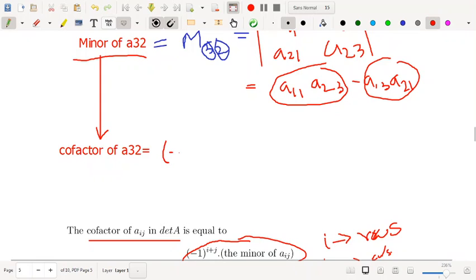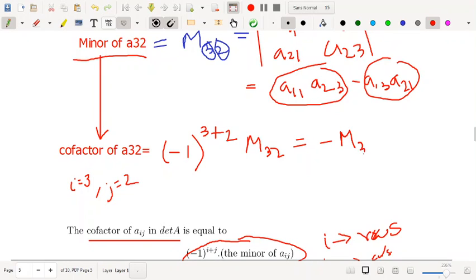Because I am writing minus 1 whole to the power i plus j, where i is 3 and j is 2, so 3 plus 2, and you have M32. Already you have calculated M32. So in this case you have minus M32, the negative of this expression, that is minus of A11 A23 minus A13 A21.